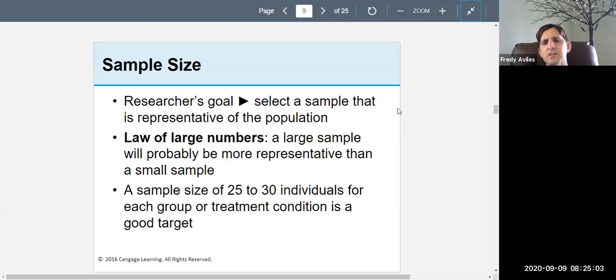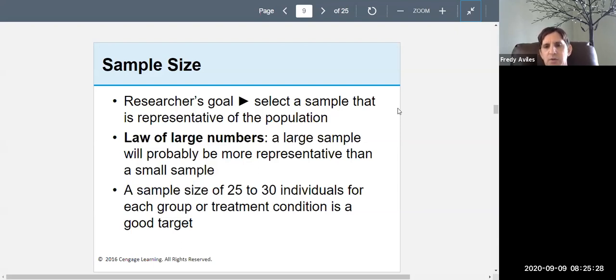Okay, think of it this way. Let's say you flip a coin. With a coin, there's supposed to be a 50% chance of getting heads, 50% chance of getting tails. But if you flip the coin, let's say 10 times, it's like having only 10 people in your sample. You flip the coin 10 times, it's possible that you might get 8 heads and 2 tails.